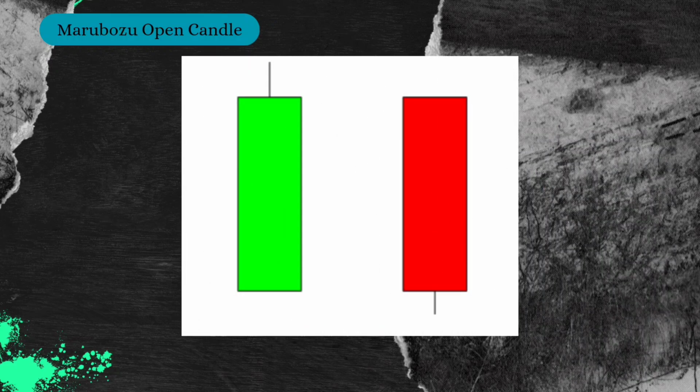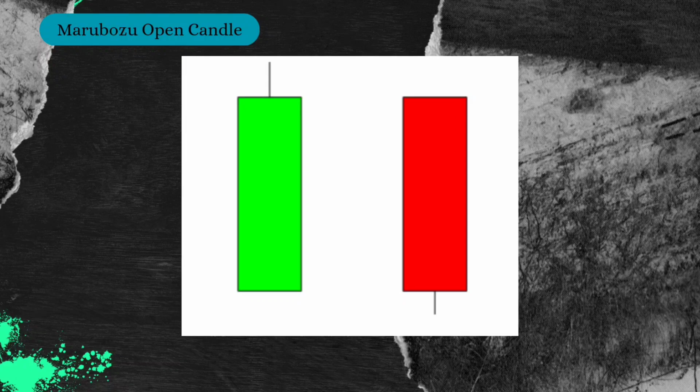Remember, Marubozu open candle means opening side. In the opening side there will be no shadow seen, but in the closing side you will see a wick, but the wick will be much smaller than the body size.